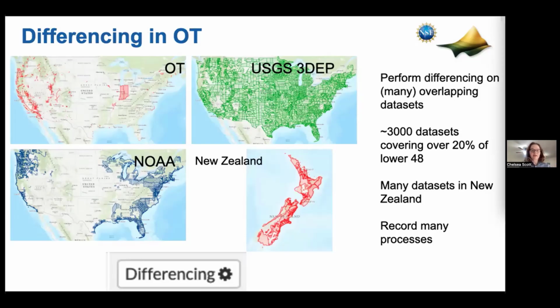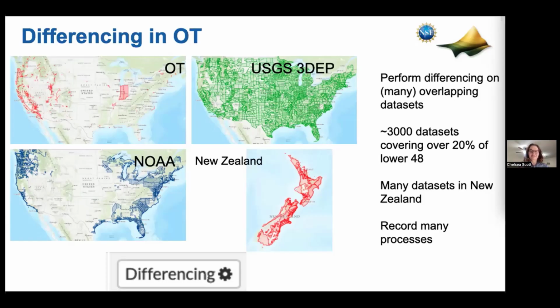Where the color is darker, so where there's dark green, that's where there are overlapping data sets and where you can do topographic differencing. Currently, we only have differencing implemented within each data type. So you can conduct differencing between 3DEP and other 3DEP data sets, or between NOAA and NOAA data sets.